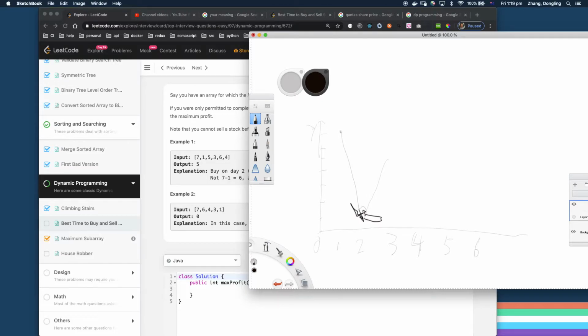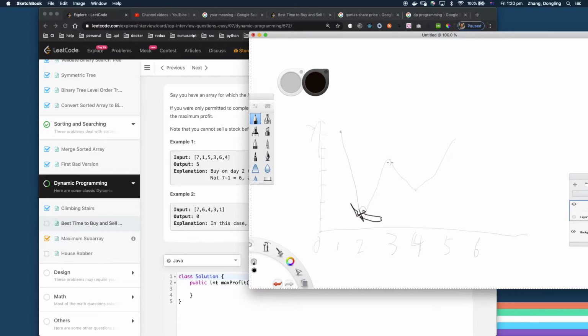You always remember the minimum price. Then on day 4 it goes back to 3. You won't update the minimum, because this price is bigger than the minimum price. Then it goes back up to 6.